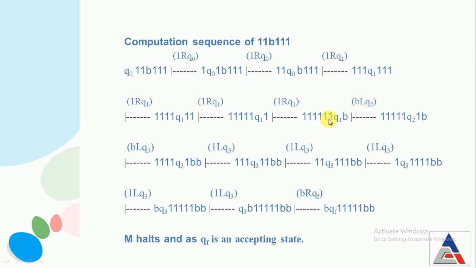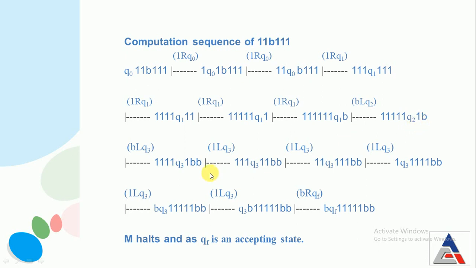That is 5 consecutive ones, then the new state Q2 on 1. Now this is your rightmost one and we have not defined Q2 upon 1. So this time you will convert this one into B. The move will be BL Q3, because the symbol changes, therefore the state changes, right?